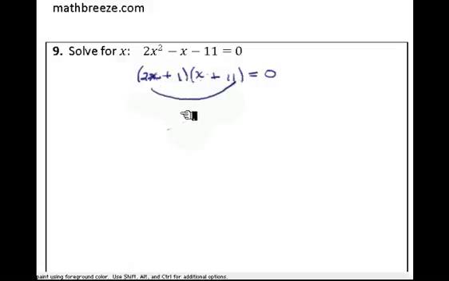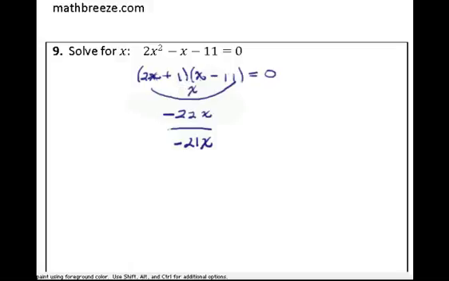Here we have minus 22x. Sorry, I want to make this minus 22x. This is a negative. Minus 22x plus x. Okay, so we're way off, minus 21x. So it looks like the two possibilities, 11, 1 and 1, 11, don't give us the right factorization.